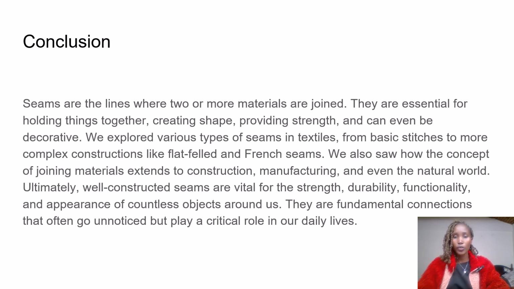We also saw how the concept of joining materials extends to construction, manufacturing, and even the natural world. Ultimately, well-constructed seams are vital for the strength, durability, functionality, and appearance of countless objects around us. They are fundamental connections that often go unnoticed but play a critical role in our daily lives.